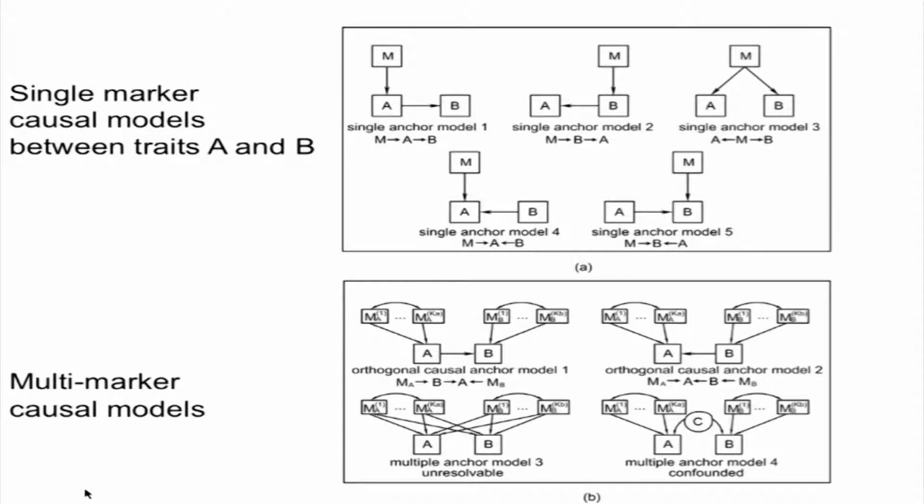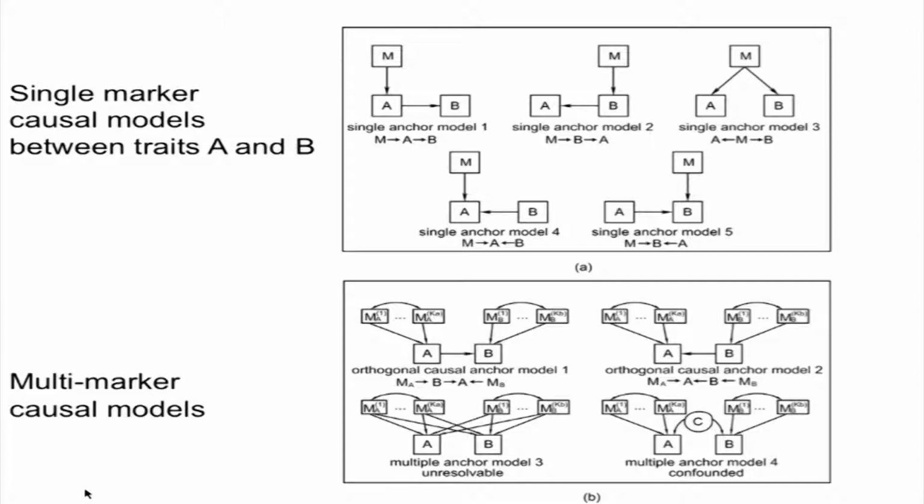These models can be visualized by different causal situations. Assume you have two traits, gene A and, let's say, insulin status, and then we have a genetic marker, a SNP. One causal scenario is that the SNP affects the gene, and the gene then affects insulin levels. That's a causal diagram.